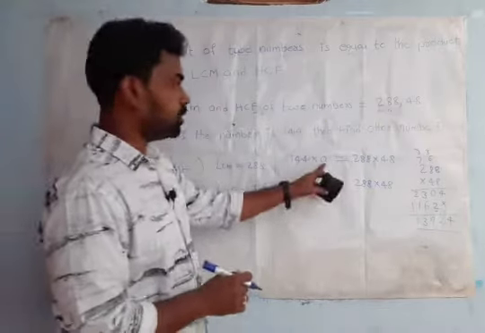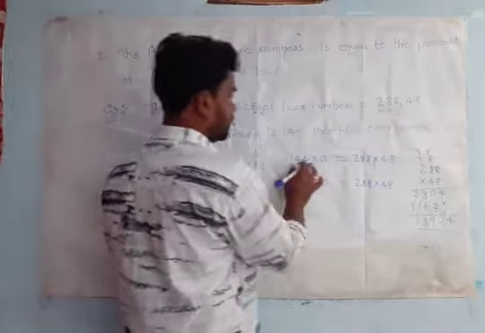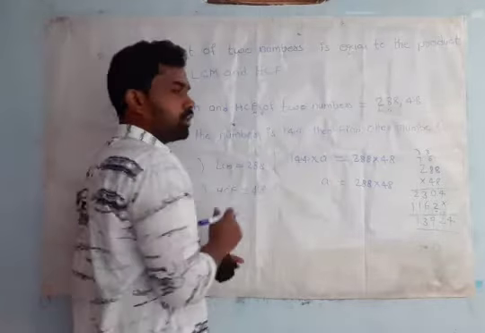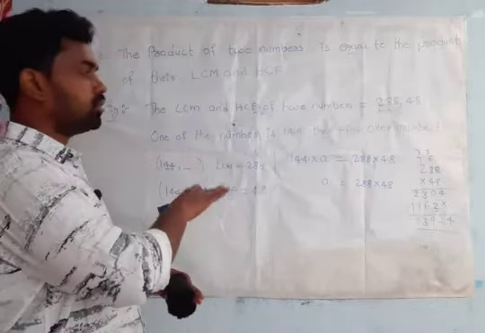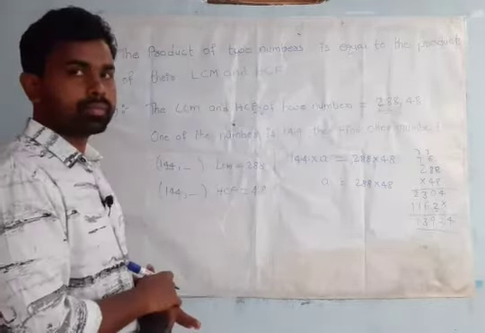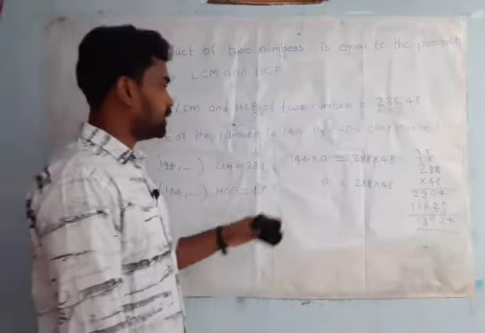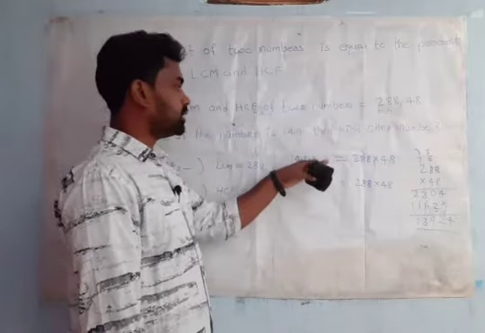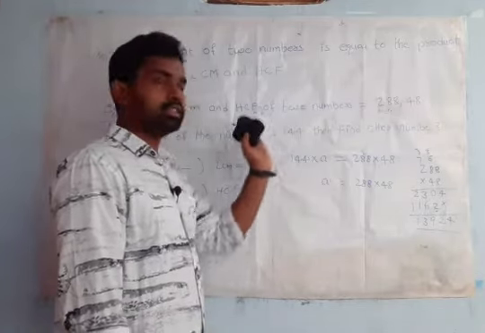This A value we want, yes or no? Keep that A as it is. Along with A, this 144 is there. I don't want the 144 there. I want to send that 144 to the other side, because I want only the A value.